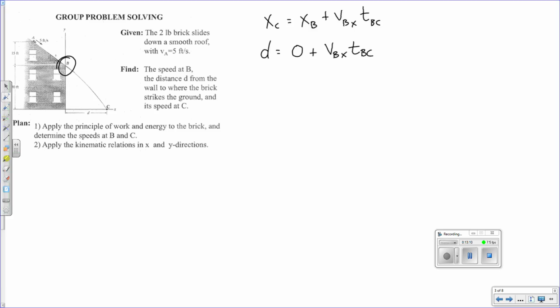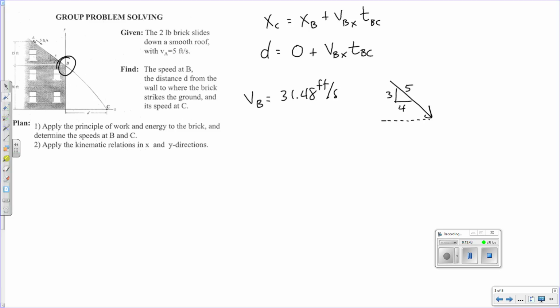Now, we don't know offhand what the initial speed is in the x direction, but we do know that the speed at b, which we just solved for, is 31.48 feet per second. When it leaves the roof at location B, it's traveling down and to the right, according to a 3-4-5 triangle.